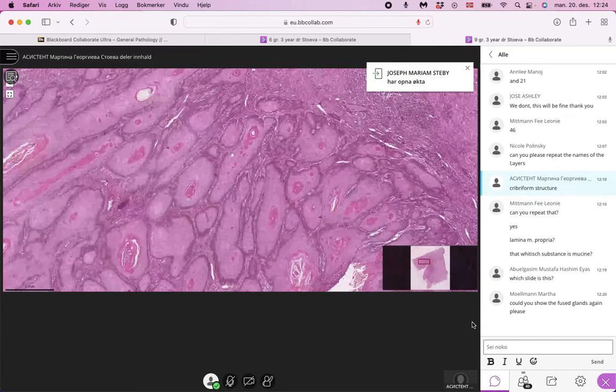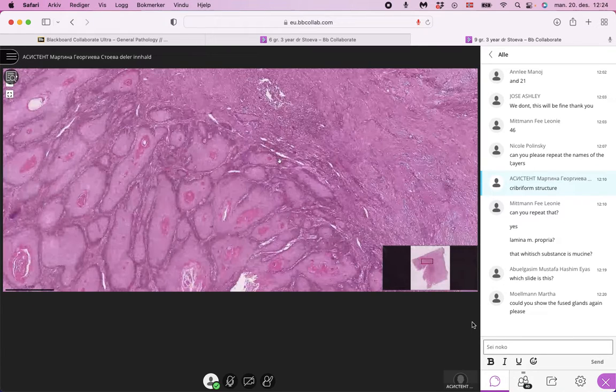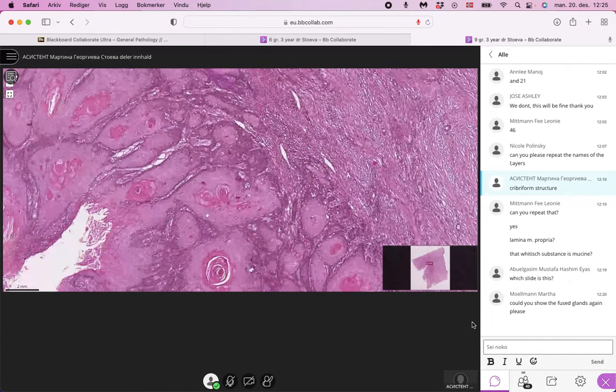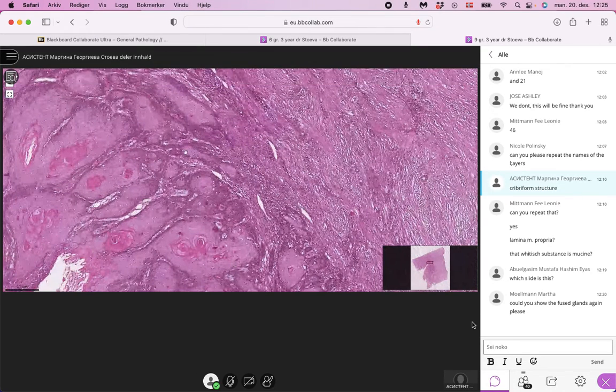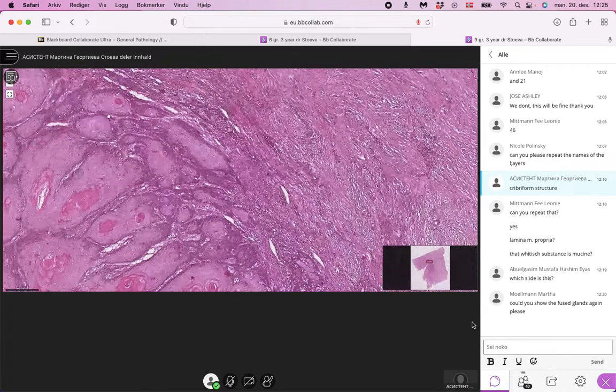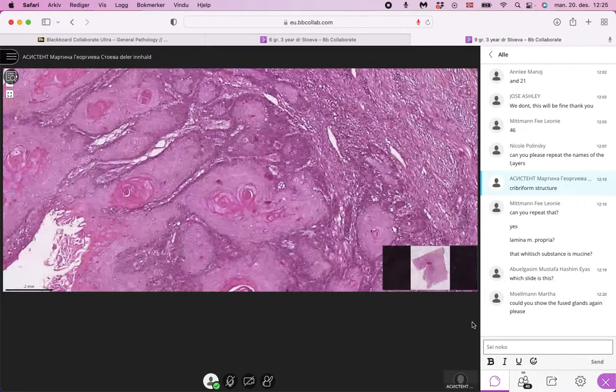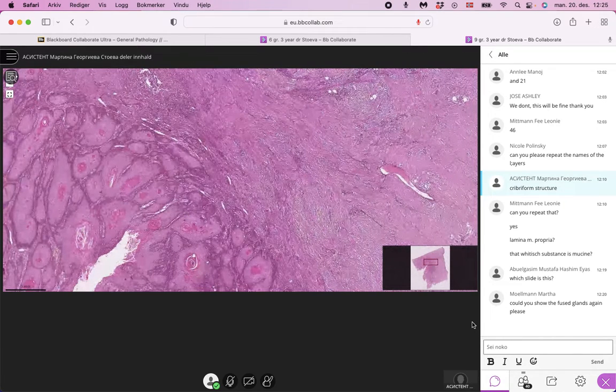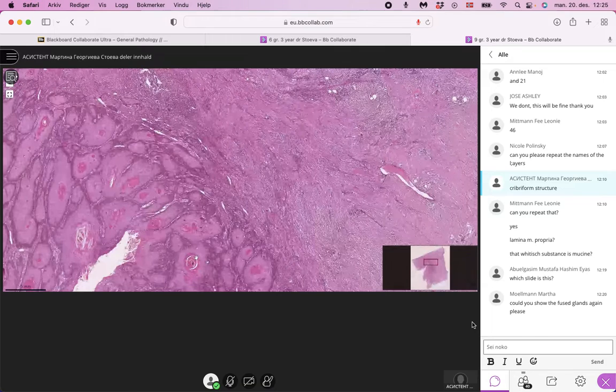And we can find that there are nests of tumor cells. These nests of tumor cells are the parenchyma of the tumor, and the stroma is the paler thing separating the nests. And here in most of the nests of the tumor cells, we can find keratin pearls.